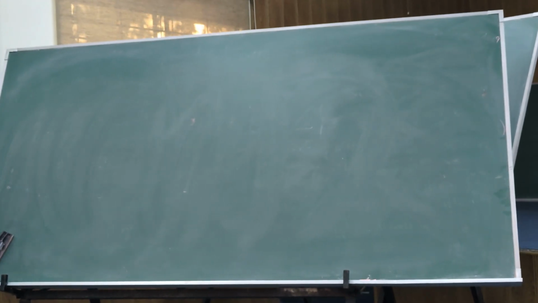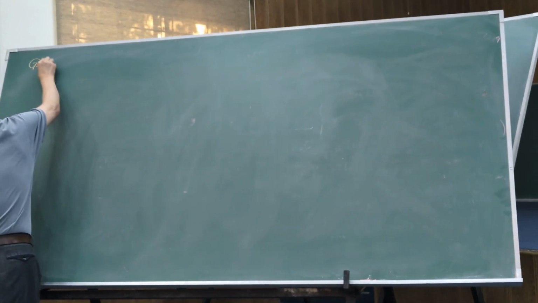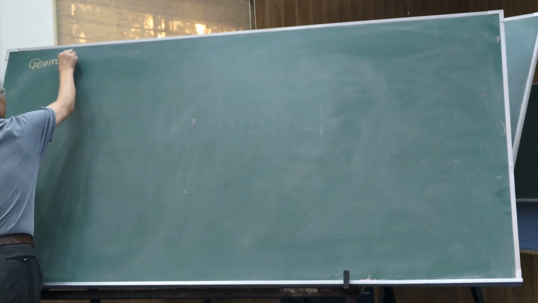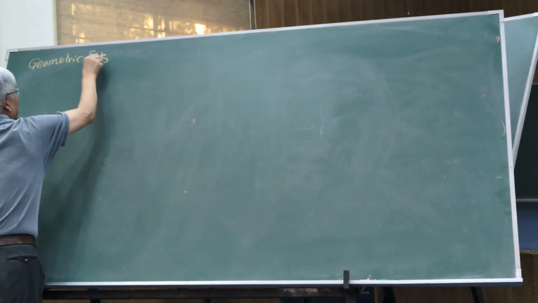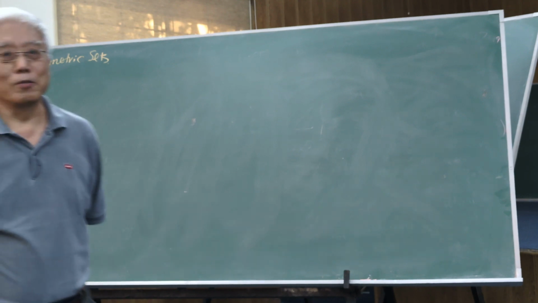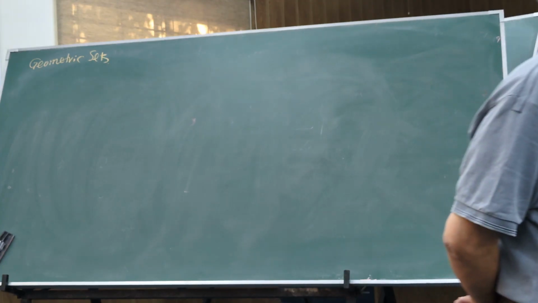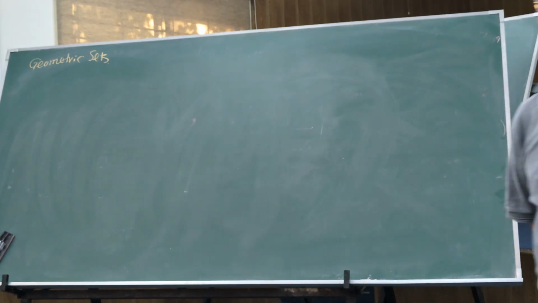Okay, so this session is called Geometric Sets. All of the considerations I'm going to present today are ancient, age-old, and probably forgotten by many mathematicians now, because mathematicians usually work with coordinate systems and functions and so on.